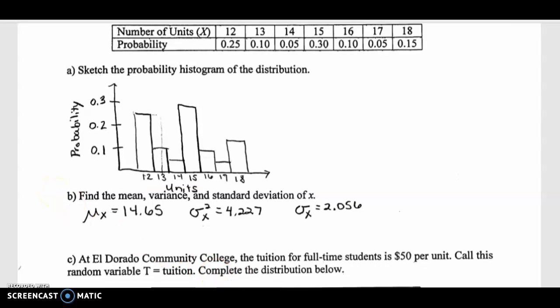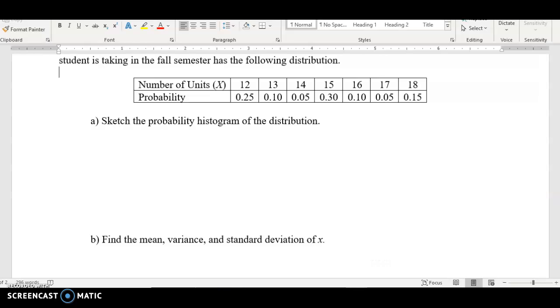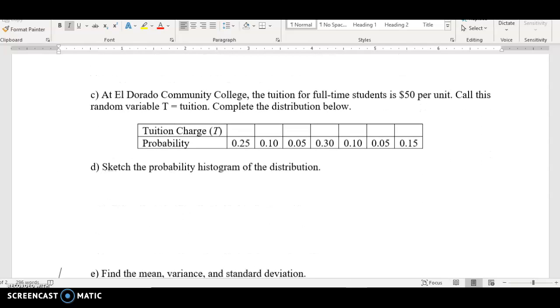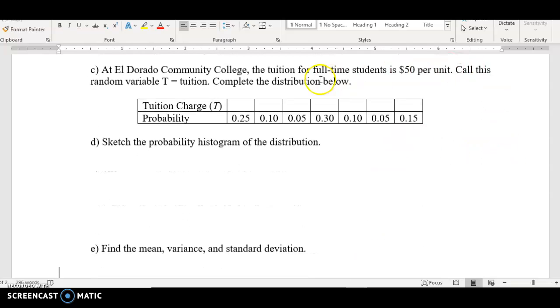If I scroll to part C, part C adds additional information. Tuition for a full-time student is $50 per unit, or $50 per credit. And they're going to call this new random variable T. It's not in the document, but if you can see what I'm typing, T is going to equal $50 times each X. So I'm taking literally each X value and multiplying it by 50.